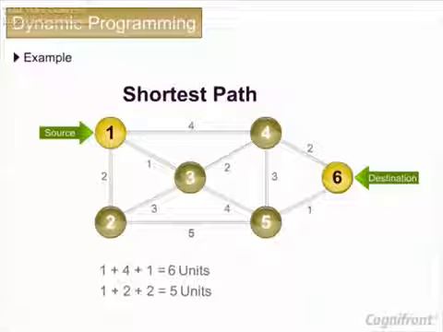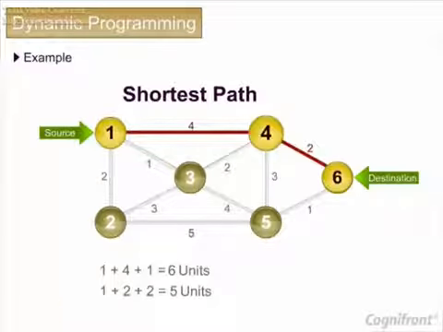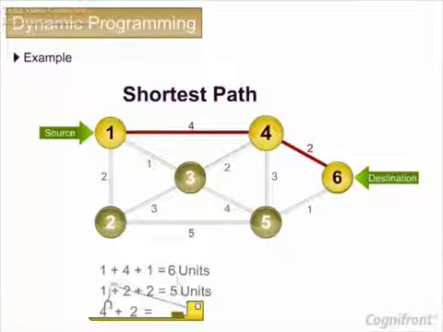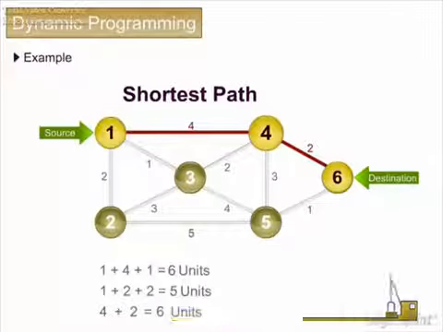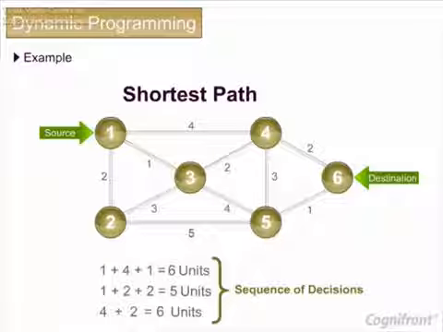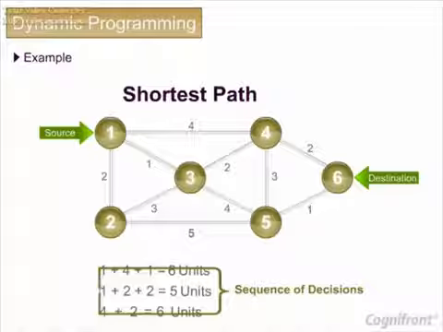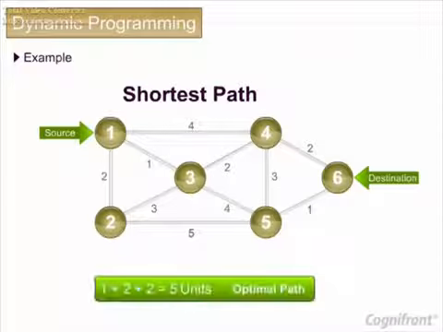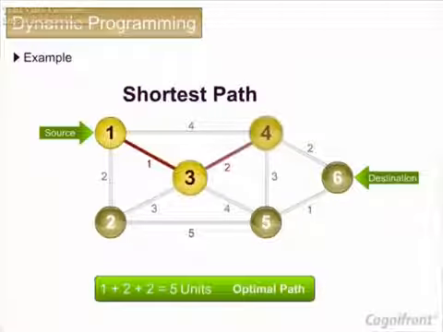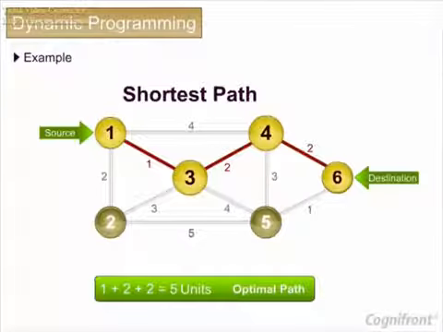Another way to reach vertex 6 is 1, 4, 6, which gives path length as 6. So these are the sequence of decisions for finding the shortest path. But the optimal path is 1, 3, 4, 6 among all these sequences of decisions.